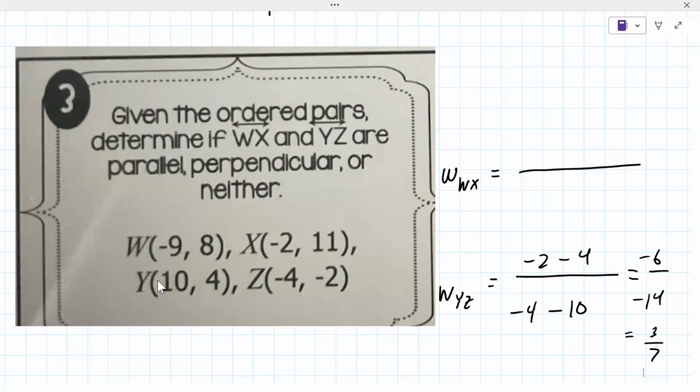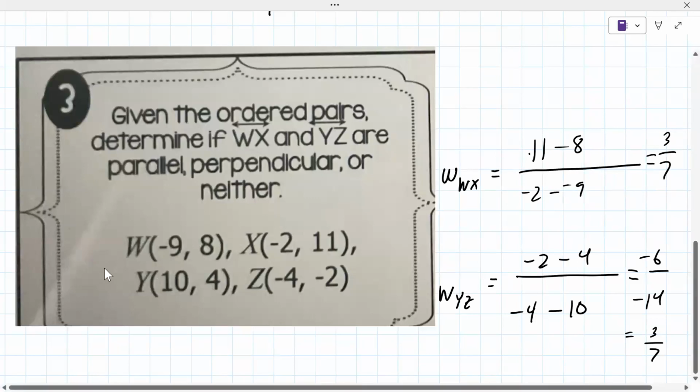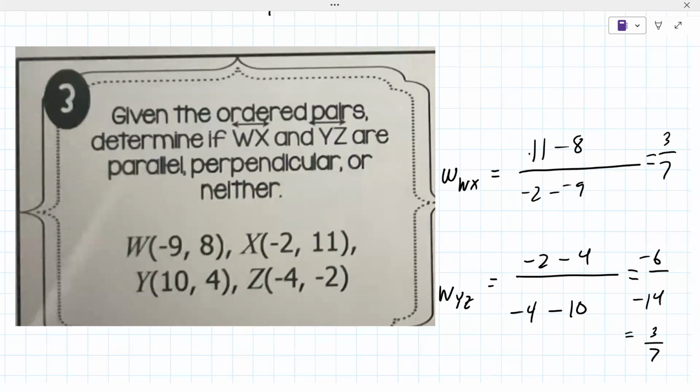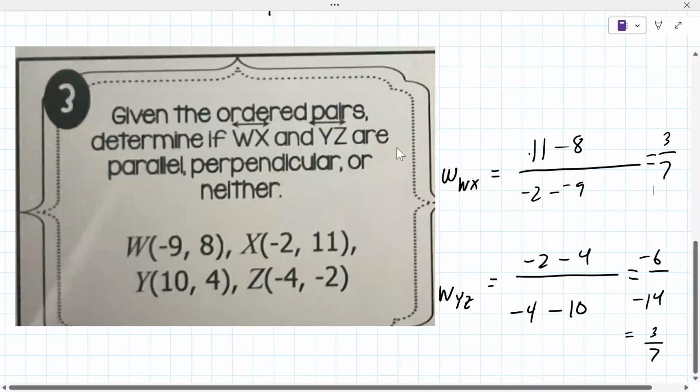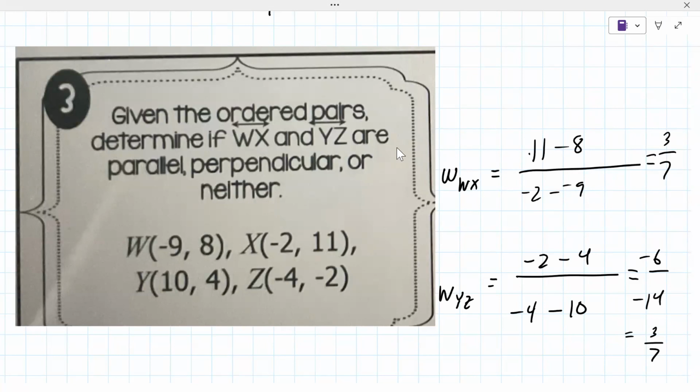-3/7. Let me double check that: 11 minus 8 over -2 minus a -9. I got 3/7. So just be careful with your signs. These are all carefully chosen to be miserable. Yeah, I see now, it was another tiny thing.